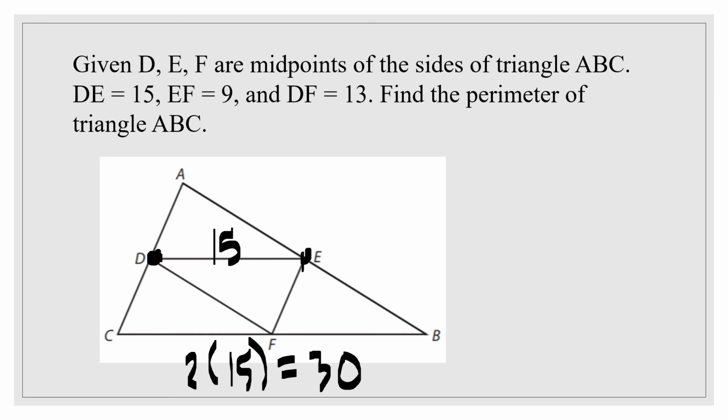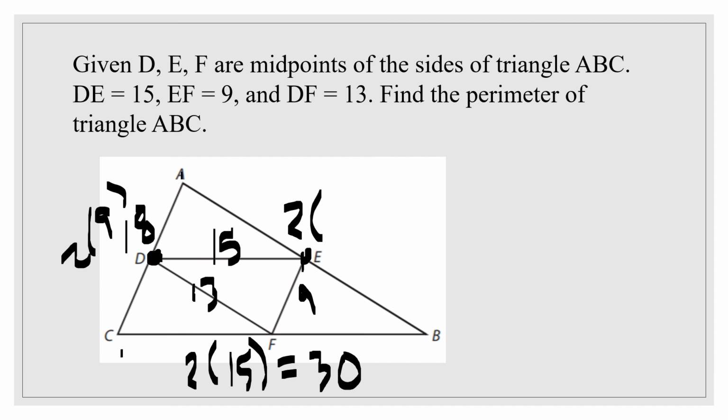Segment EF is 9. The base of that one is A to C. So 2 times 9, this segment will be 18. And then segment DF is 13 units long. The base is AB. So it's 2 times 13, which is 26 units long.